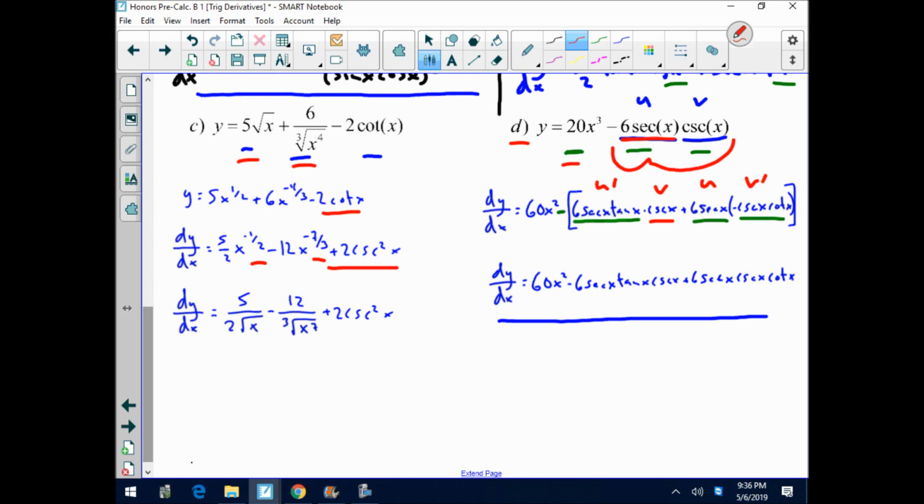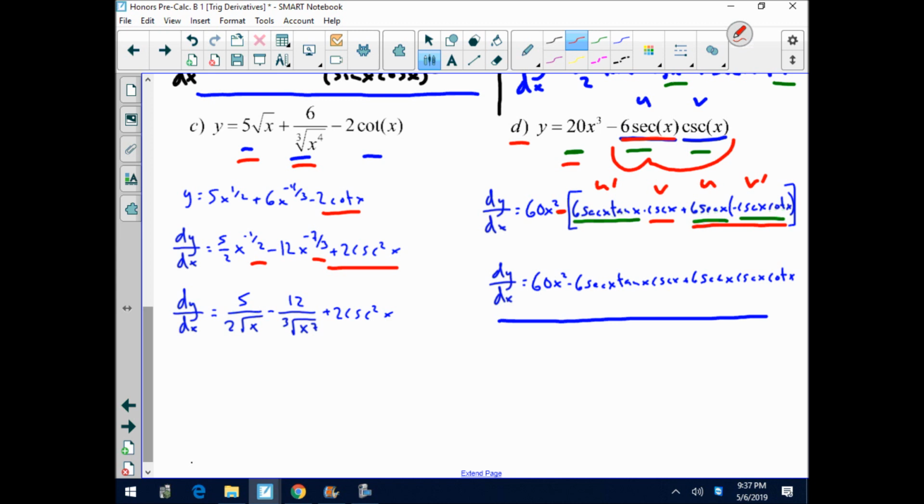And then of course there's a little simplifying I did. I basically just multiplied these 2 terms, the negative and the positive, and that gave us a negative. But then when we distributed the negative waiting outside our product rule, we ended up with 60x squared minus 6 secant x tan x cosecant x plus 6 secant x cosecant x cotan x.